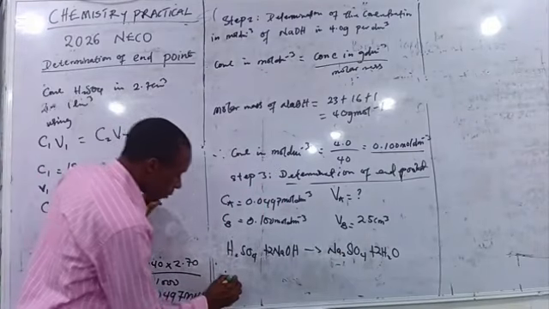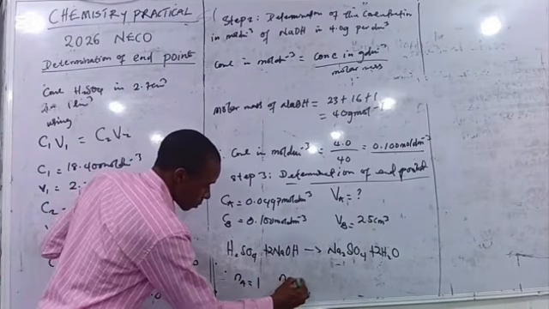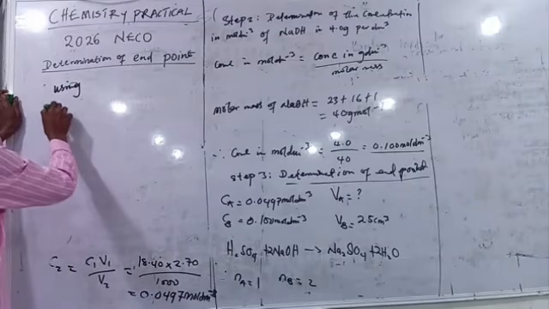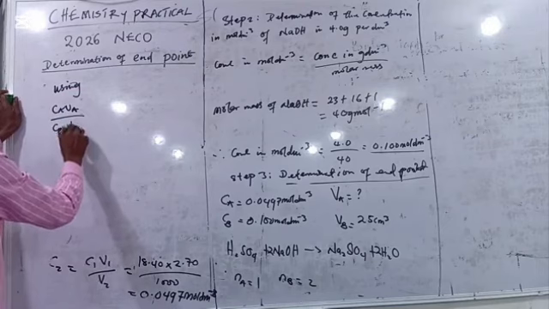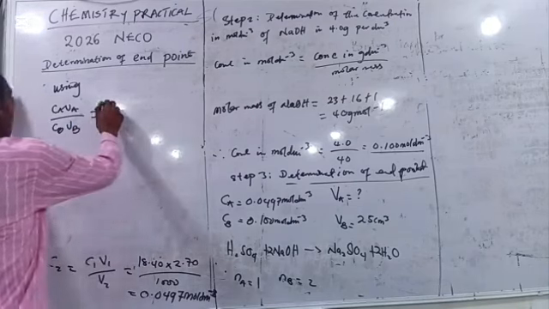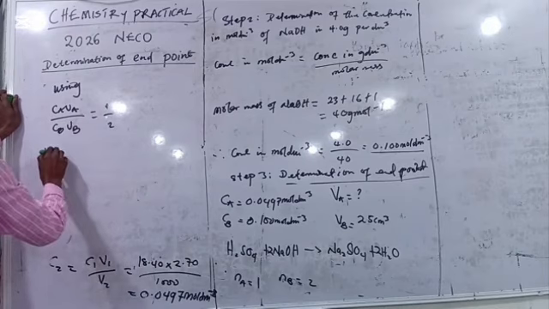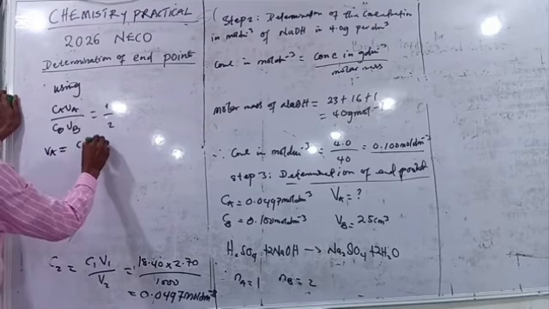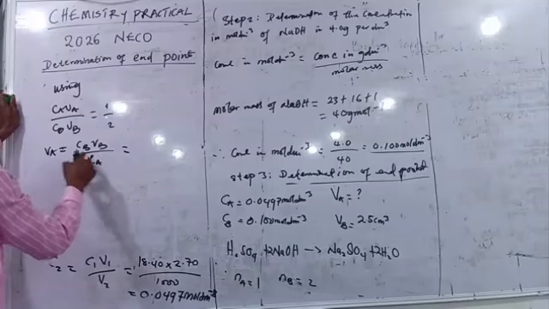So that means number of moles of acid, Na, is 1, and Nb is 2. So we apply the formula that we are using, that's CaVa over CbVb is equal to the mole ratio, that's 1:2. Okay, so we are looking for Va. Let's make Va the subject, that's going to be CbVb over 2Ca.